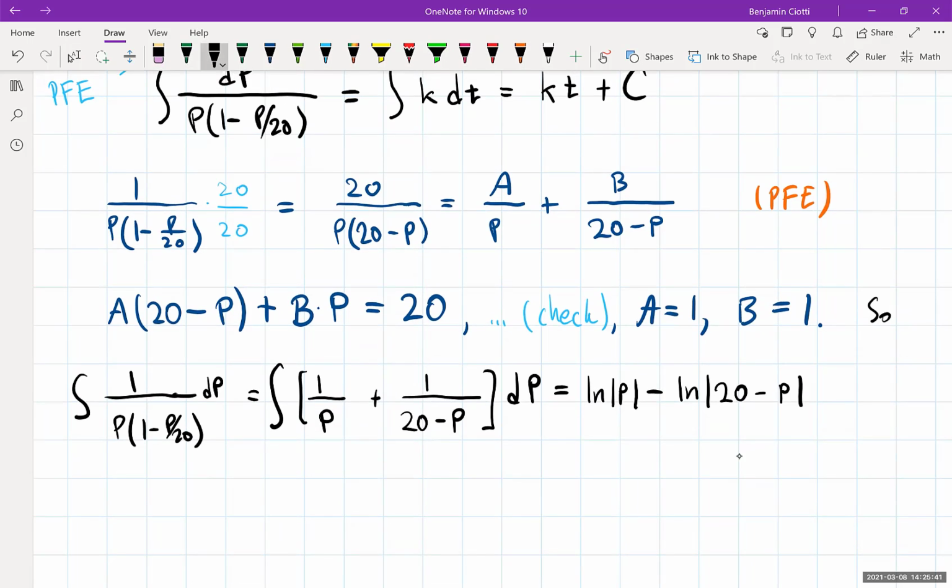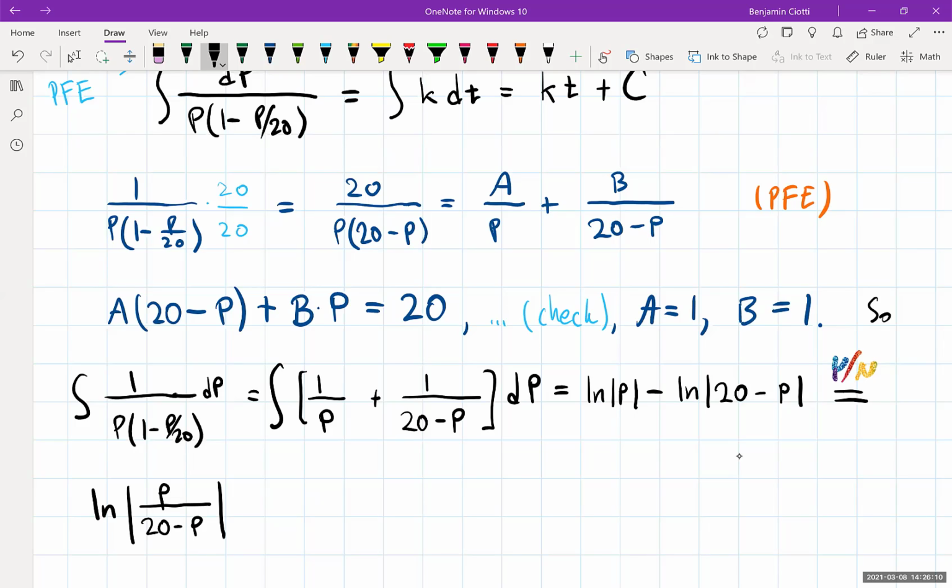You know what? Here, let's ask another yes or no question. Tell me if this is correct. Is this equal to ln of p over 20 minus p? Yes or no? Oh, good.